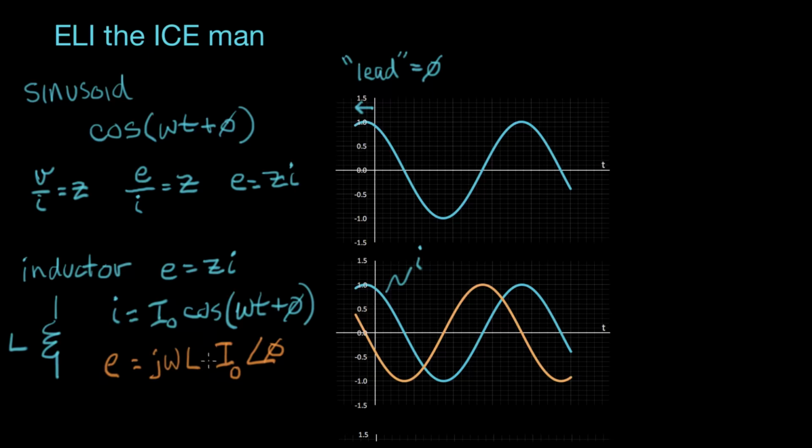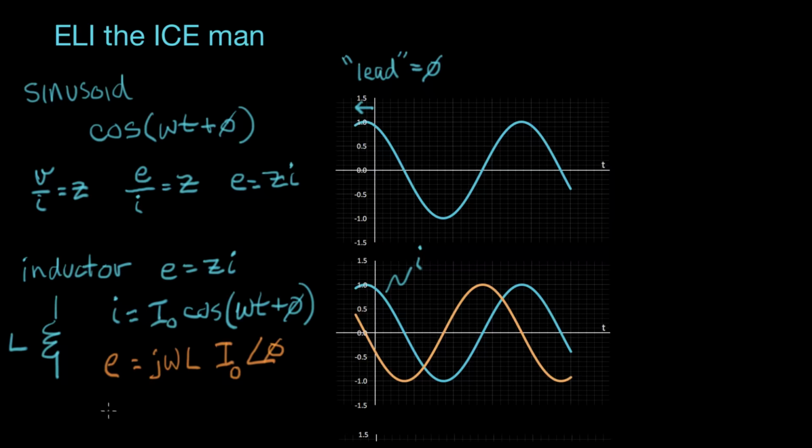Now for the purposes of this video, when I plot out the voltage over here in orange, we're going to assume that the scaling factor omega L is 1, just so that we can focus on the timing relationships between the current and the voltage. When we talked about complex numbers, multiplying something by j represents a rotation of plus 90 degrees.